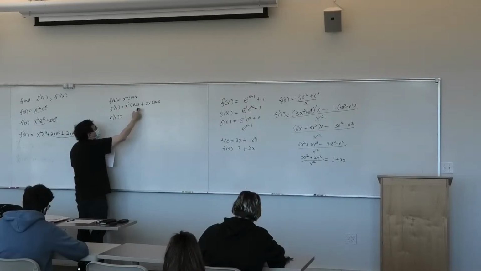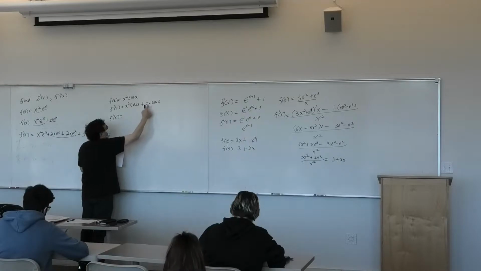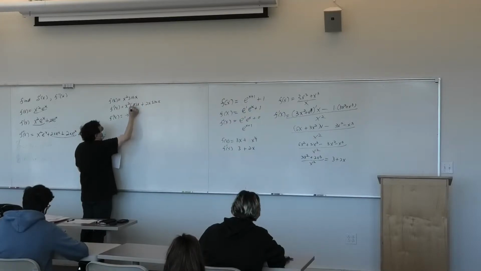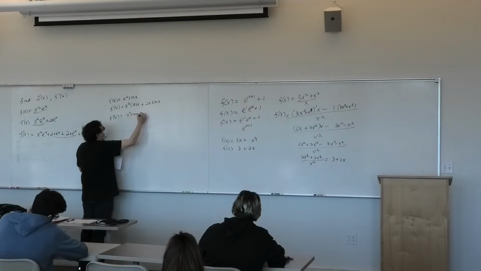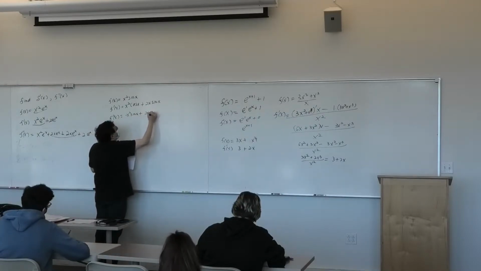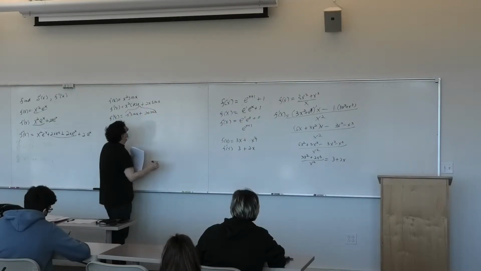Well, again, here we're going to use the product rule, and here we're going to use the product rule. So x squared times the derivative of the cosine, which is negative sine, plus 2x cosine of x, that's this part.